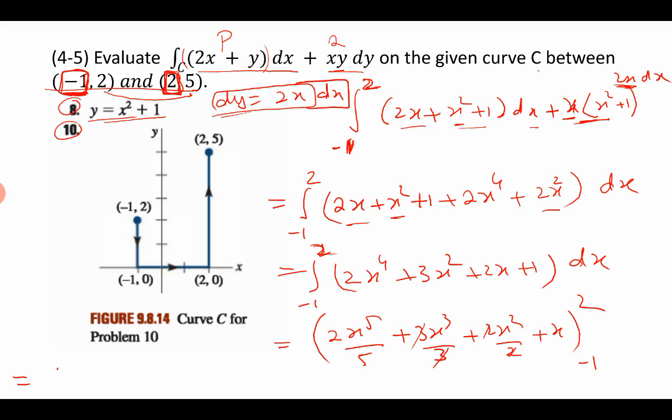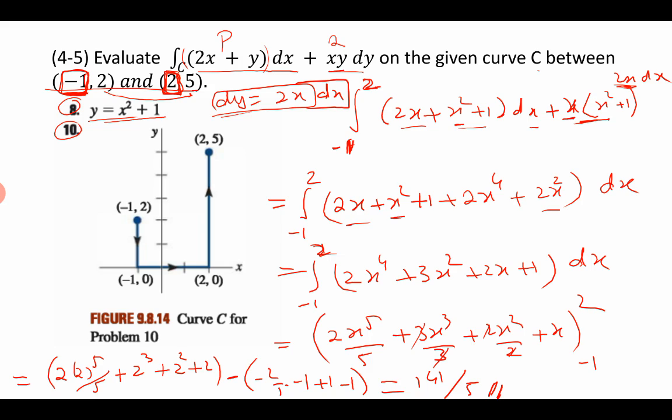The first term is 2 into 2 power 5 divided by 5, plus 2 cube, 2 square, 2, at the upper limit, minus the value at -1. So this is minus 2 by 5 minus 1 plus 1 minus 1. Use calculator, you find 141/5. That's it. That's the end of the first problem.